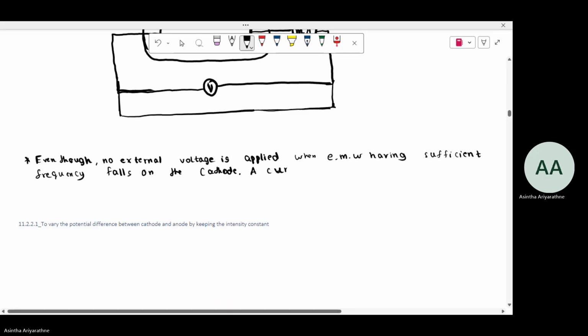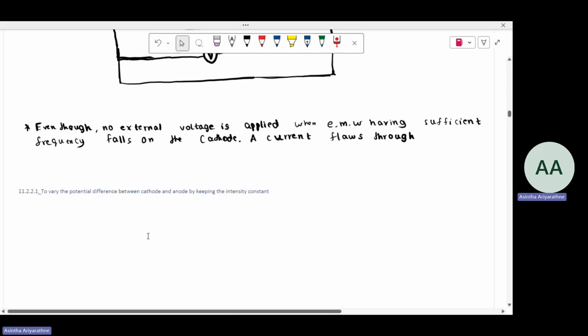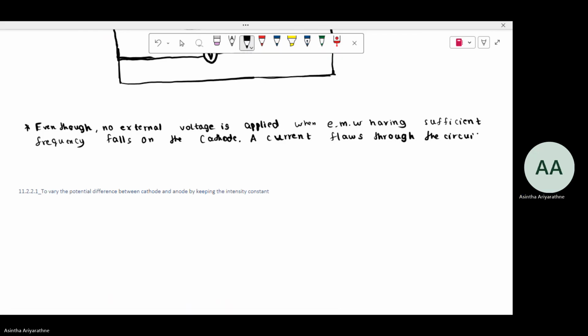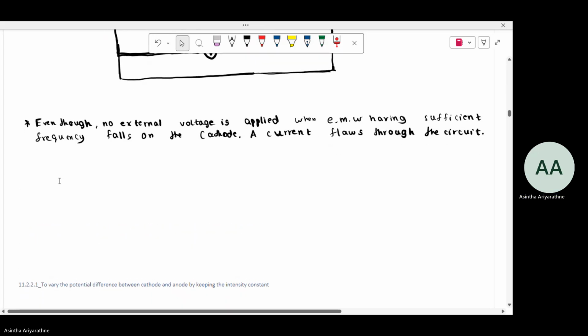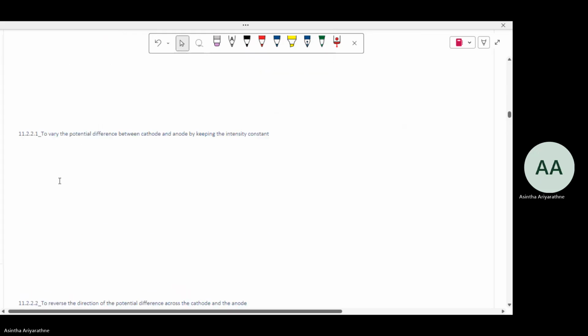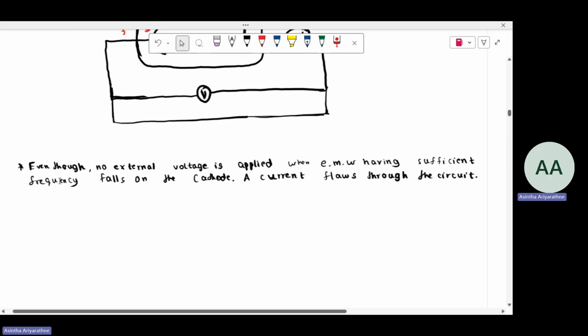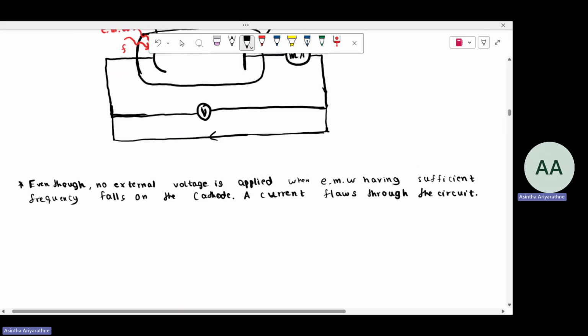A constant current I flows through the circuit.